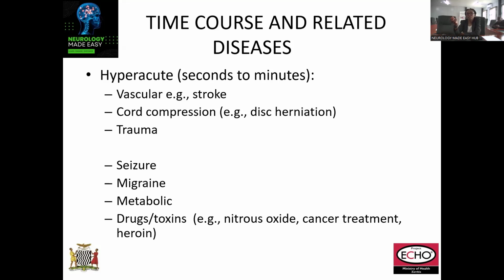Okay, there are other things that will present very acutely. A seizure is one thing that can present very acutely. Migraines can do that. Metabolic etiologies can also cause a change either in mental state or one part of the nervous system for changes to occur very quickly.